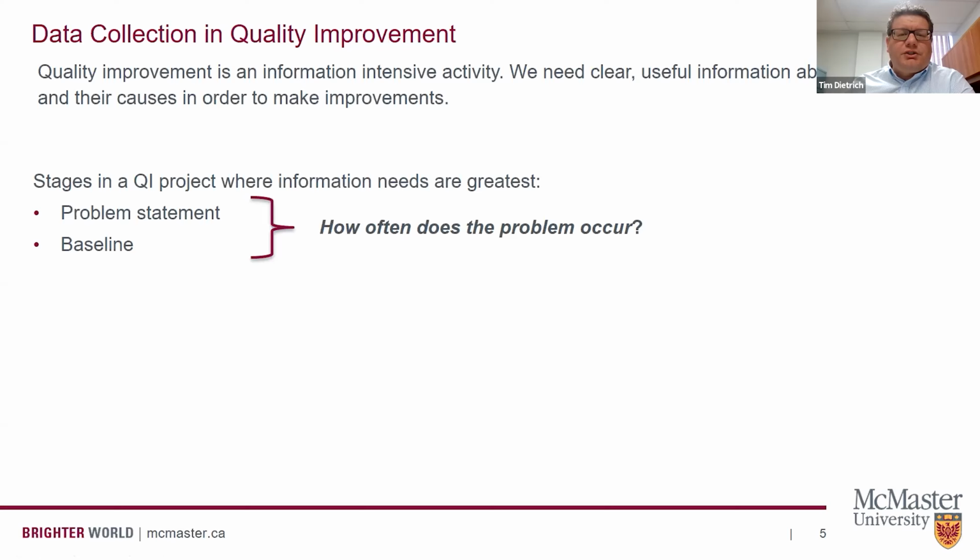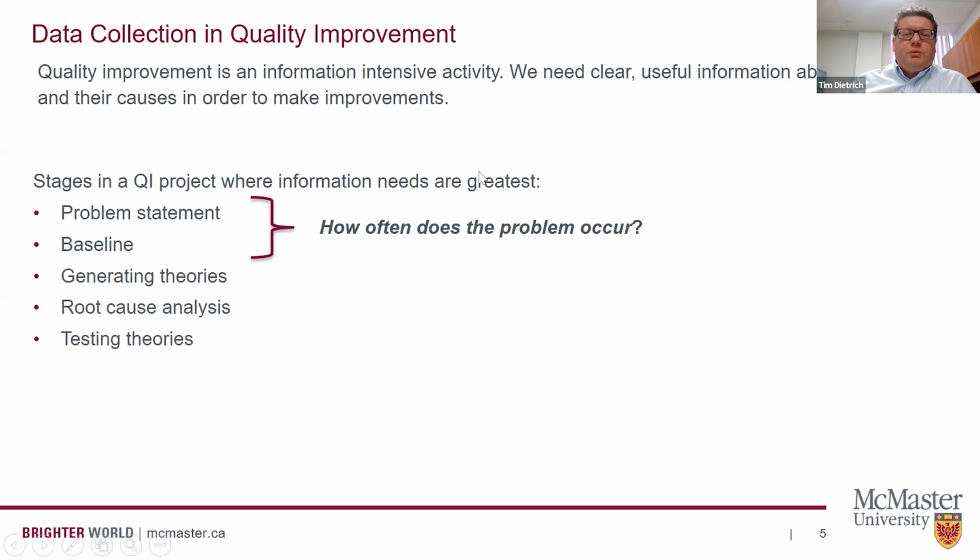So this helps us answer the question, like, how often does the problem occur? Where does it occur? And then as we move to the theory generating portion of a quality improvement project, where we are looking at symptoms, analyzing those symptoms, generating theories about what might be causing the problem, organizing them logically in a root cause analysis diagram or network diagram, and then testing those theories.